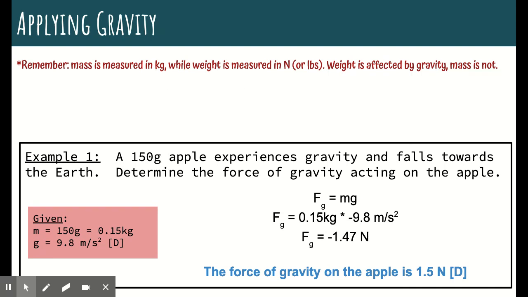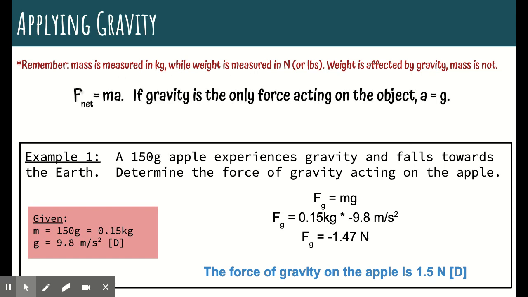So let's say that you are 70 kilograms and you have a weight of 150 pounds, and then you launched yourself out to the moon. You would still have a mass of 70 kilograms, but your weight would be different, because the gravity on the moon is much less. So you would weigh much less.